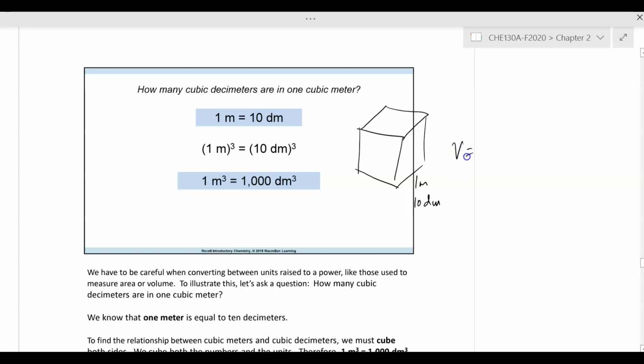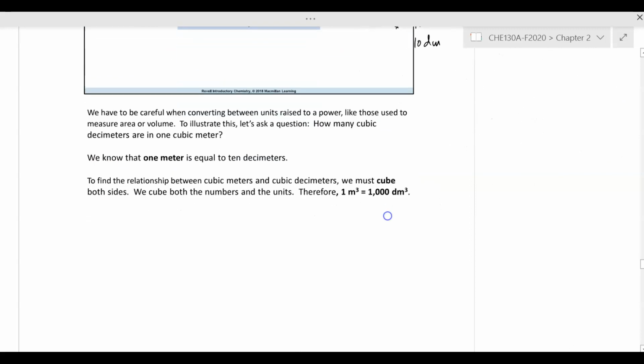So our volume will be 10 decimeters times 10 decimeters times 10 decimeters in that unit. So that's 1,000 decimeters cubed. The volume would also be 1 meter times 1 meter times 1 meter, which is a meter cubed. So a meter cubed is the same thing as 1,000 decimeters cubed.